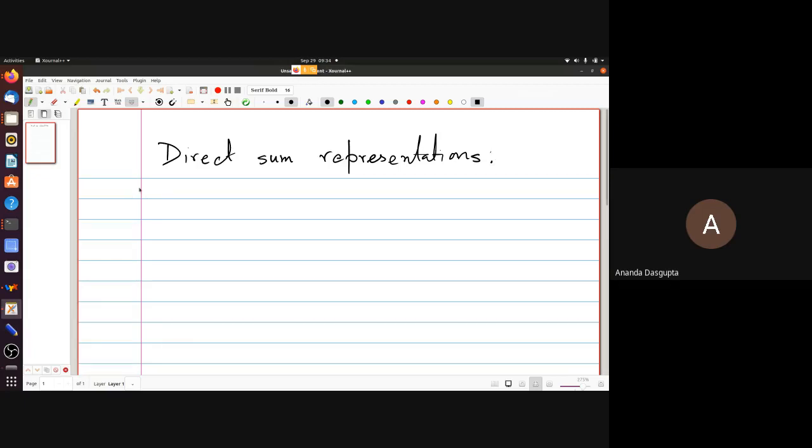And for that, of course, you need a direct sum vector space. Let me just quickly remind you what that is. So let V1 and V2 be two linear vector spaces.